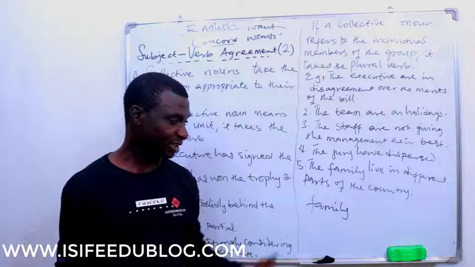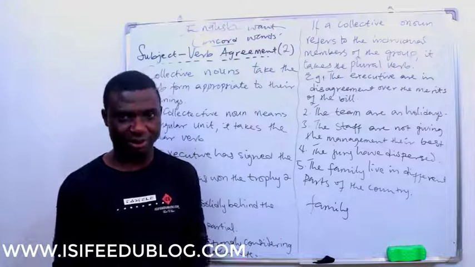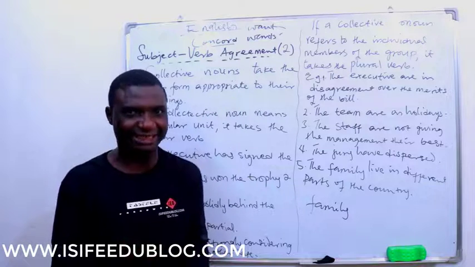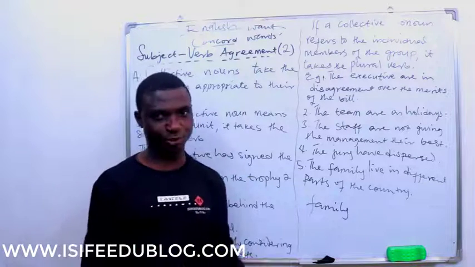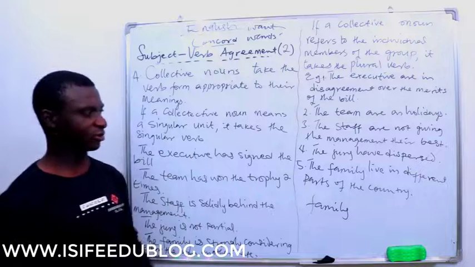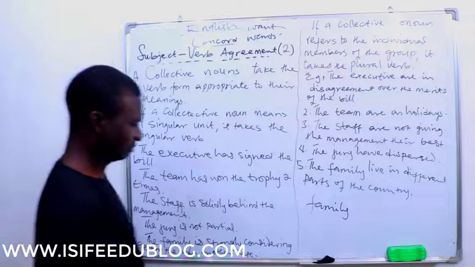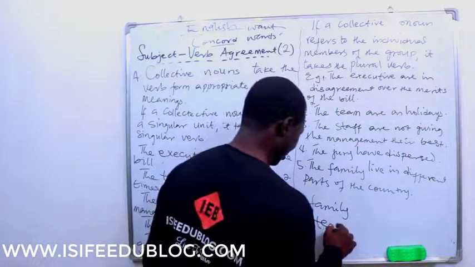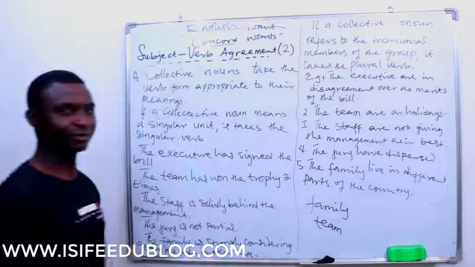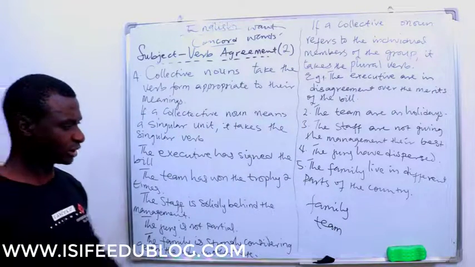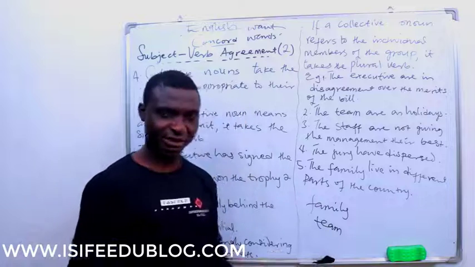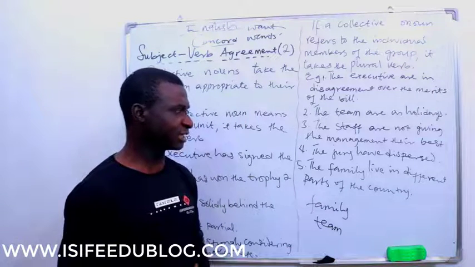So you see that family, one person cannot be family. At the least, there must be a man and his wife. Then the children will follow. If we have a team, one person cannot be a team. Alright? So team is therefore a collective noun. Family is a collective noun.